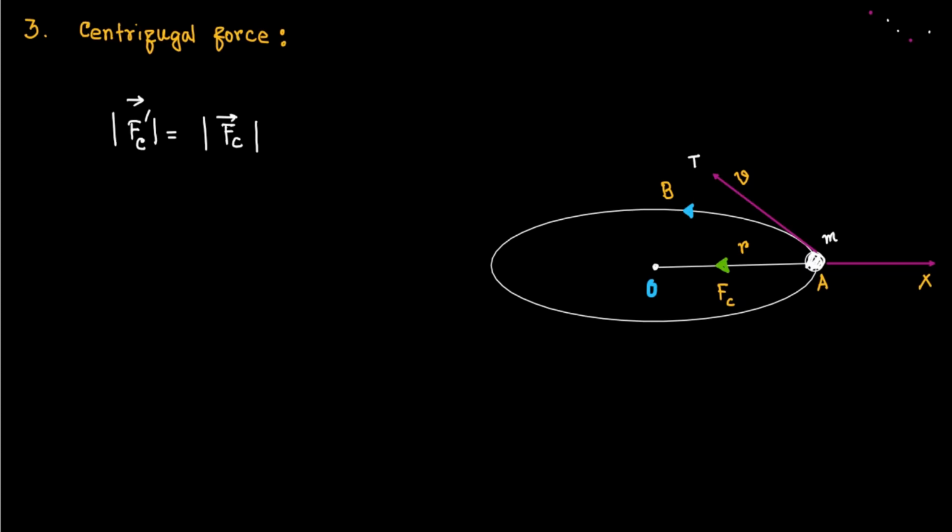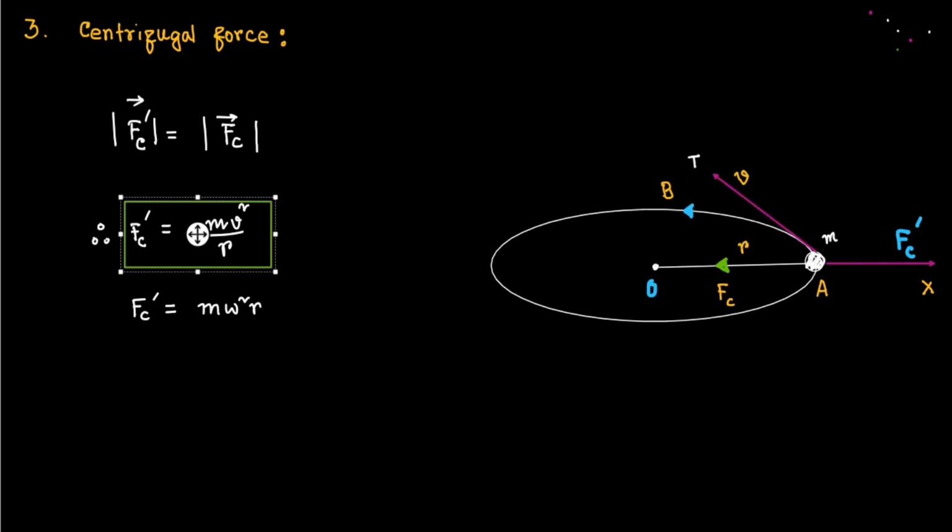This is the radially outward direction. AX is the radially outward direction. Centrifugal force Fc prime acts radially outwards, which means it acts along AX. Therefore, Fc prime equals mv square by r, and Fc prime equals m omega square r.